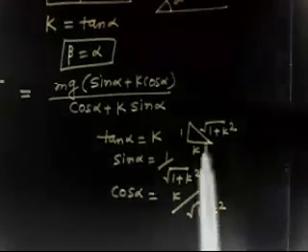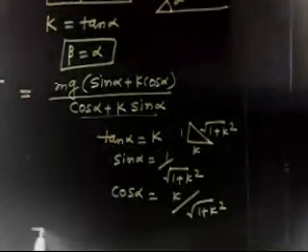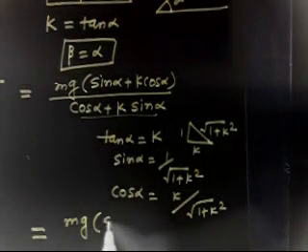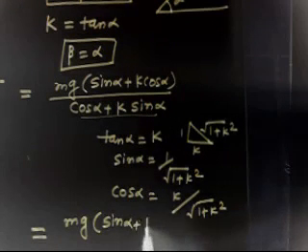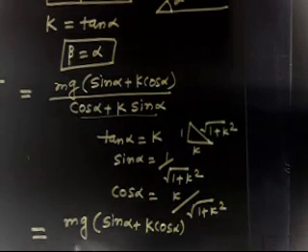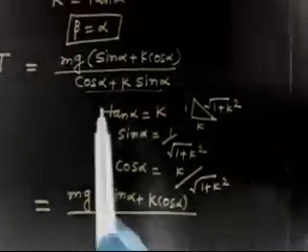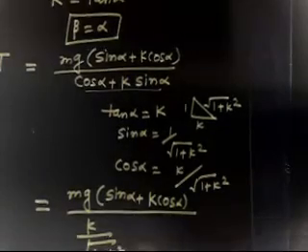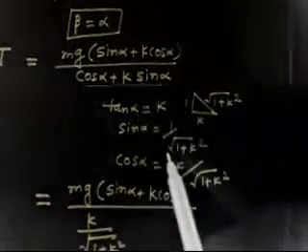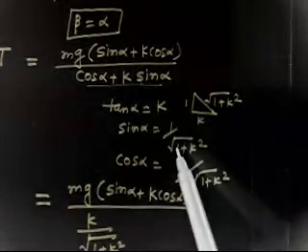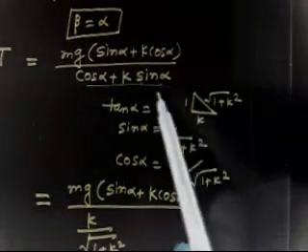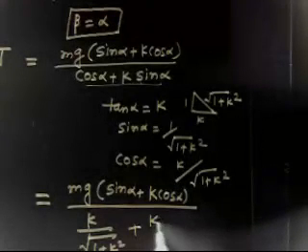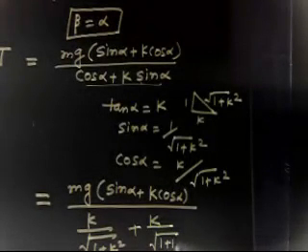If you plug these values here, formally for the denominator, because I want the answer in the form that is given in the book. So mg (sin alpha plus K cos alpha), divided by, you will have cos alpha is nothing but K by under root 1 plus K square, and this sin alpha is K. So sin alpha is basically, you will have tan alpha is 1 by K, so sin alpha is K into this, so K by under root 1 plus K square, you will have this value.